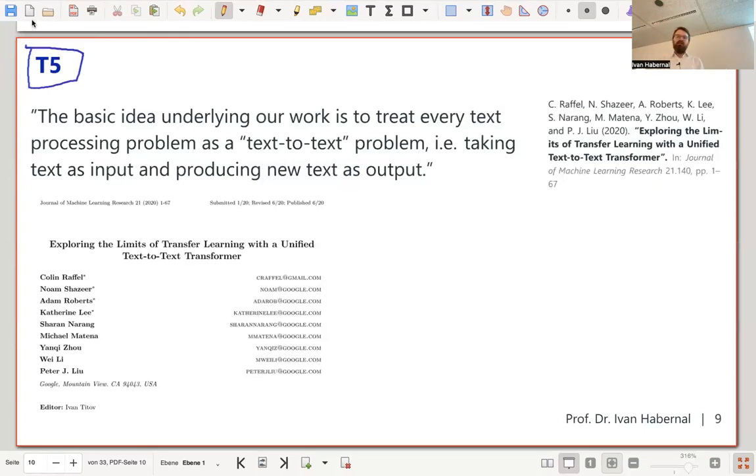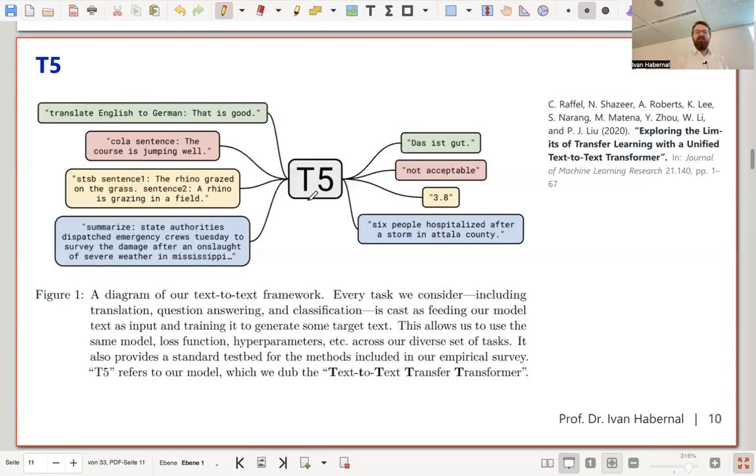This is what we had in the transformer model. What was super nice about this paper is that they treat every text processing problem as text to text: taking text as input and producing new text as output. So there is a model, T5, text-to-text transfer transformer.